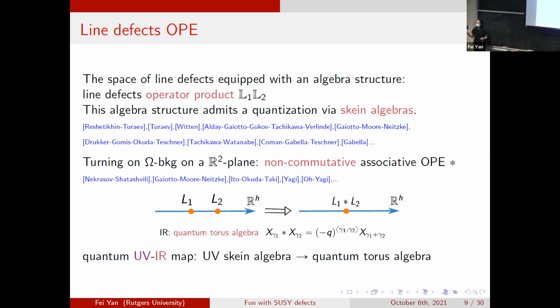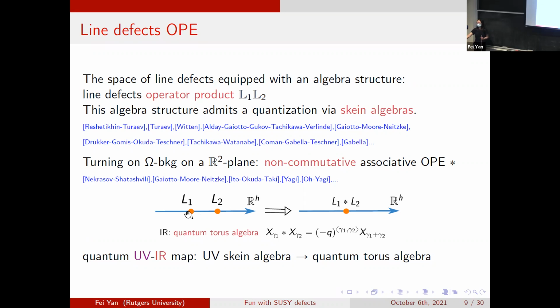And this algebra structure admits a quantization, the so-called skein algebras, which I will very briefly describe in the next slide. Physically, this kind of quantization could also be understood in the following sense. Recall that originally the line could be inserted at any point in R3, in the three-dimensional space. If I turn on this so-called omega background on an R2 plane, those lines are going to be restricted. So the insertion points of the lines are going to be restricted to sit along a fixed axis in space, such as this R-H thing I draw here.